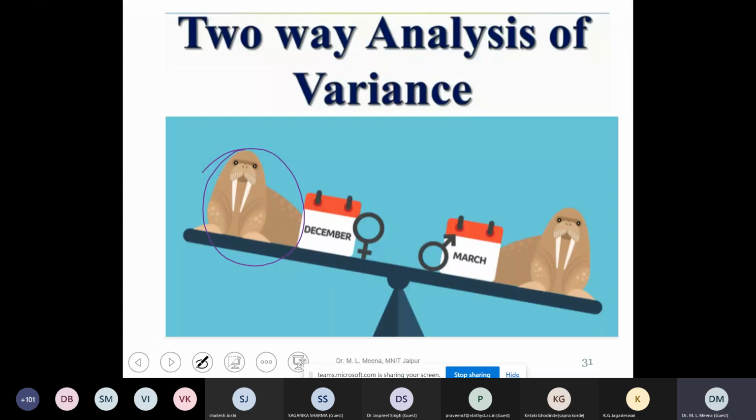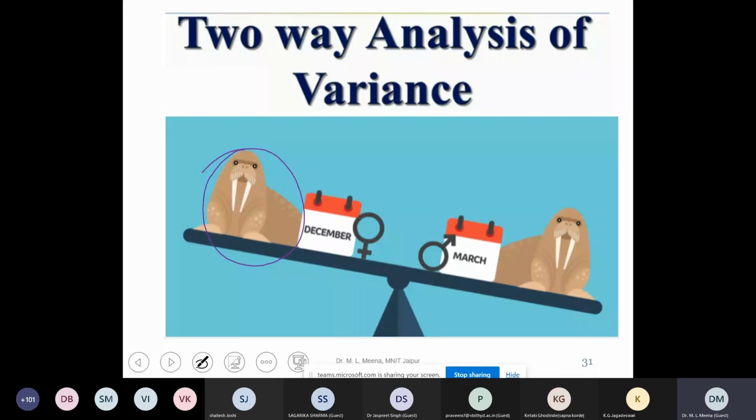Here we present them for our walrus experiment, where month of mating season and gender are the two independent variables.